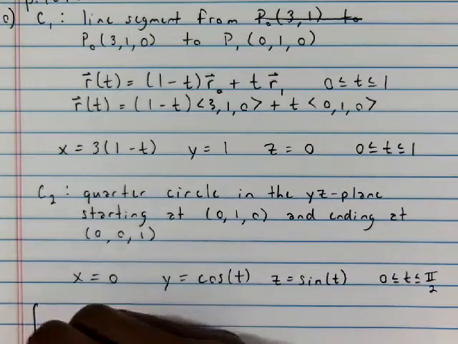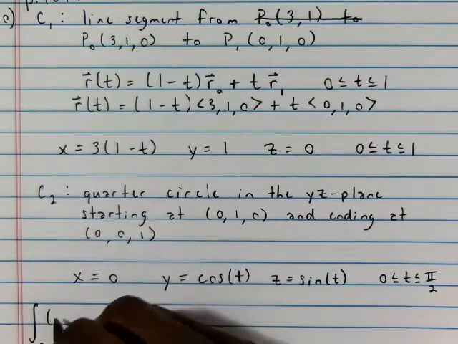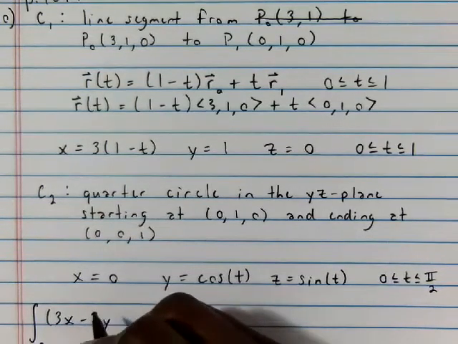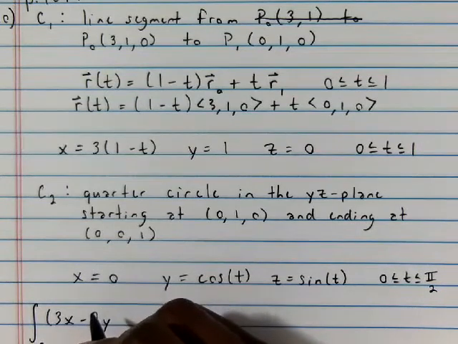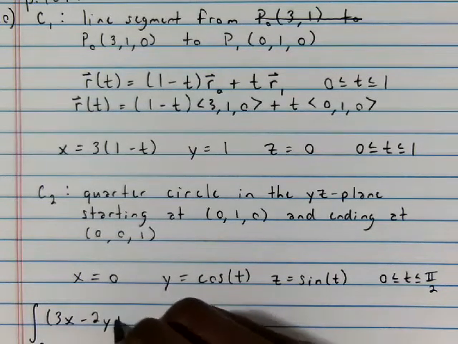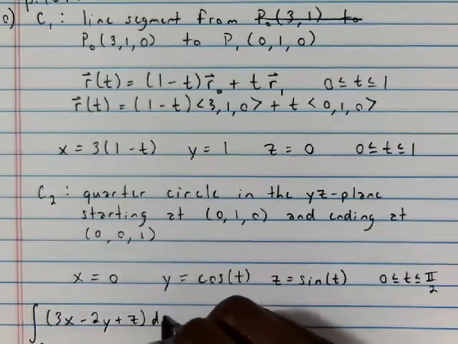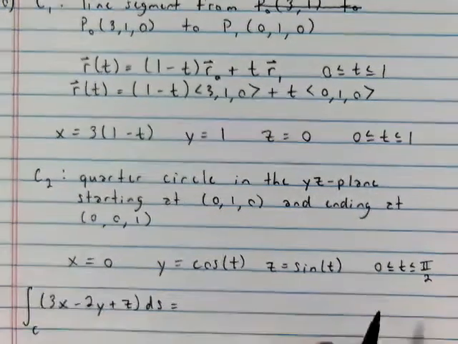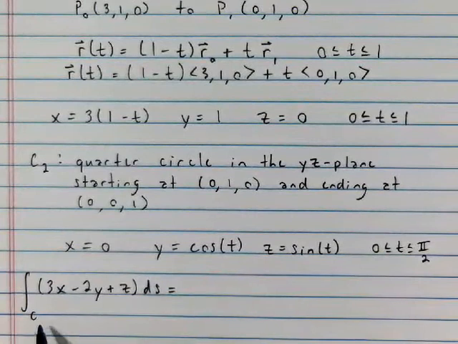They told us to do the line integral over C of 3x minus 2y plus z ds. And for us, we had to split C up into two separate curves.